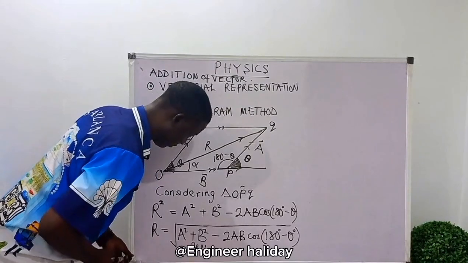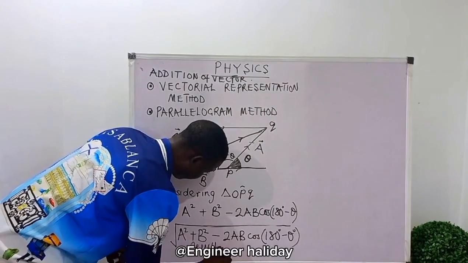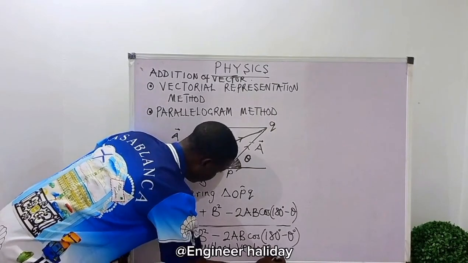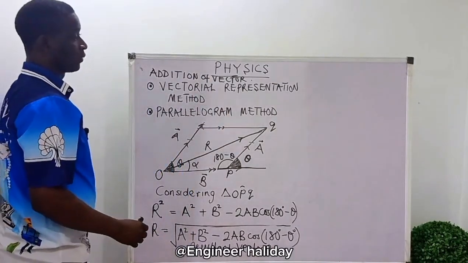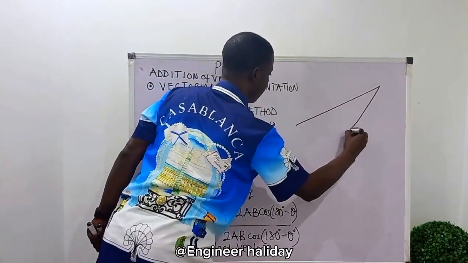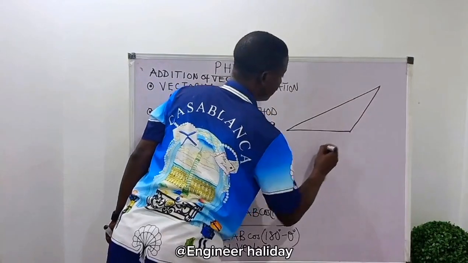So if you have gotten the resultant vector R, how do we find the direction? Consider the triangle again, let's draw it here.